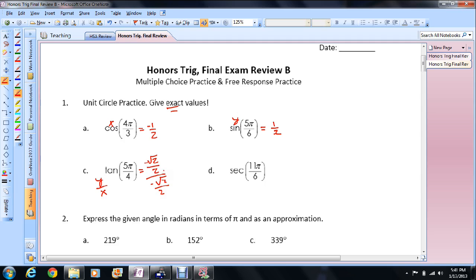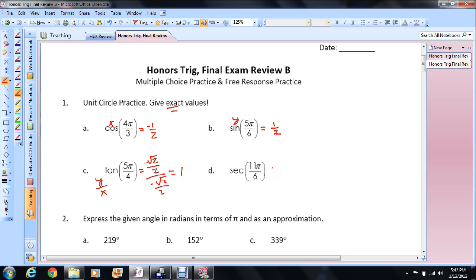Okay, so the y value is negative square root of 2 over 2, and the same thing with the x value, negative square root of 2 over 2. When we simplify this, we get positive 1. So no need to plug all that mess into your calculator, it's just something divided by itself equals 1.